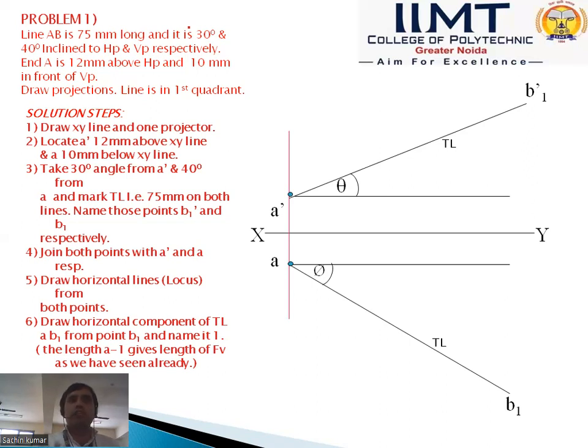First we have drawn only the 30 degree inclined to HP true length, and 30 degree A dash and B1 dash. Then we draw the 40 degree inclined to A and B1. After that we have drawn the locus. Locus means we draw the locus of B1, that is parallel to the XY line. Then you drew its locus, and after that you first assumed 30 degree inclined to HP and parallel to VP, made the 30 degree angle and the true length. Then you made the locus of B1.